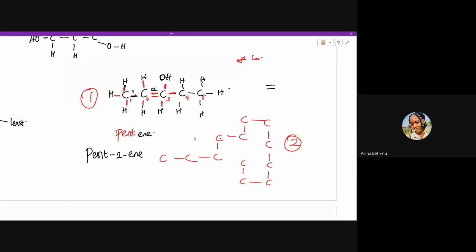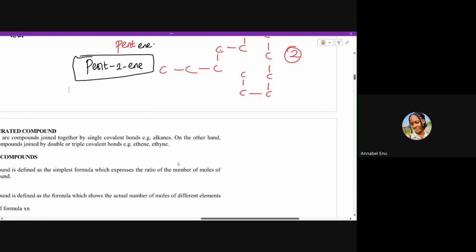The reason we write pent-2-ene is that from this name, we can draw back the structure. How can we do it? Pent tells us it's 5 carbon, so we write our 5 carbon, 1, 2, 3, 4, 5.